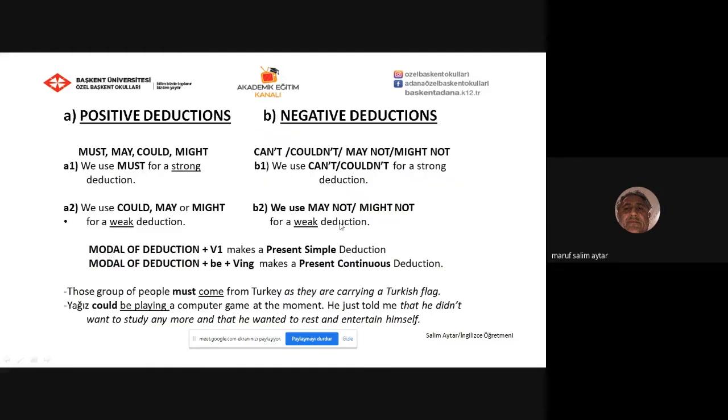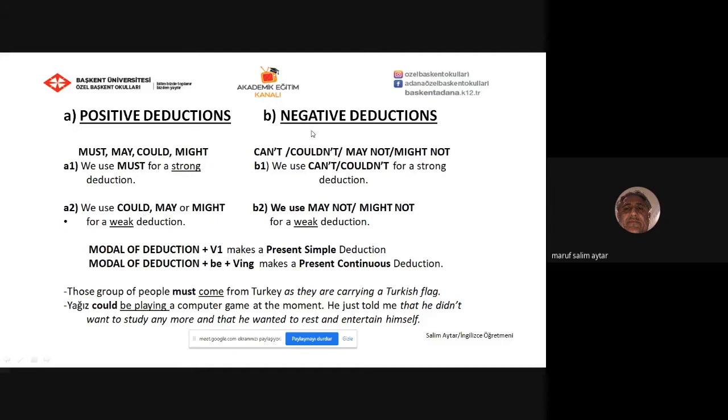And here we see everything about making positive and negative deductions. In positive deductions, when we want to make strong deductions, we just use must. And when we want to make weak deductions, we use could, may, or might.